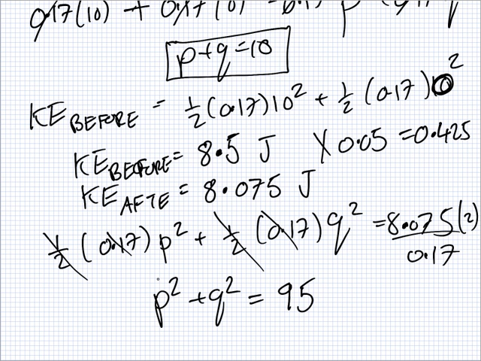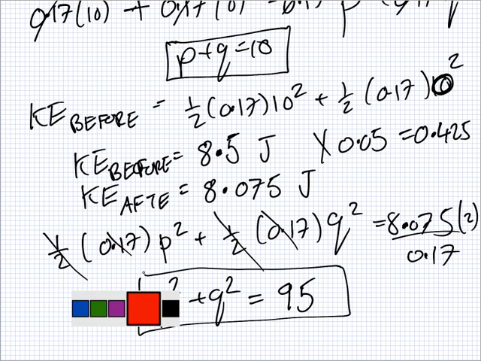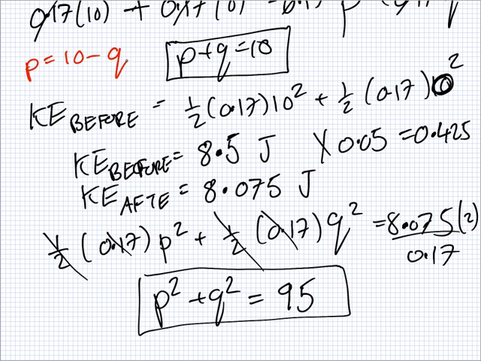It is 95? Okay, great. Right, now, how can we solve these two equations? What's the best method you have from your maths class? Sub, yeah, what do we sub here? What do we do next? Yeah, you could say P equals 10 minus Q here. And then you can put that in here.